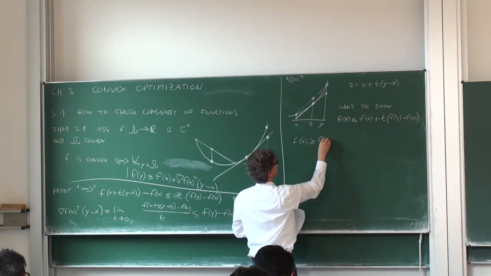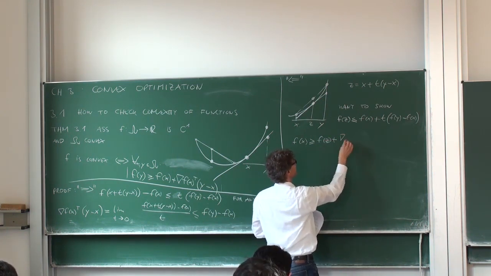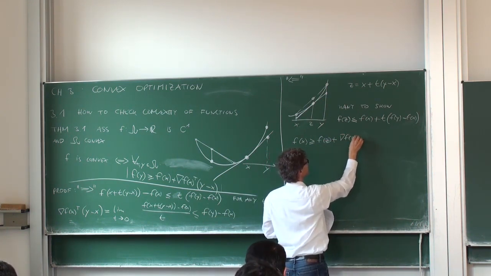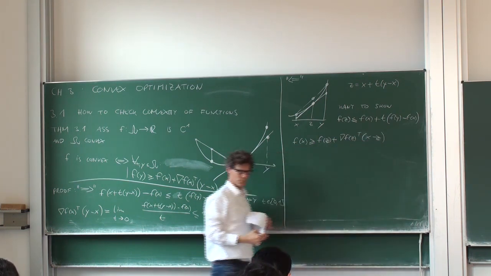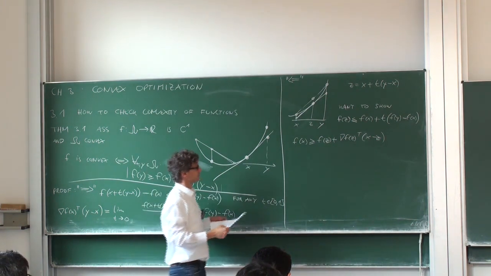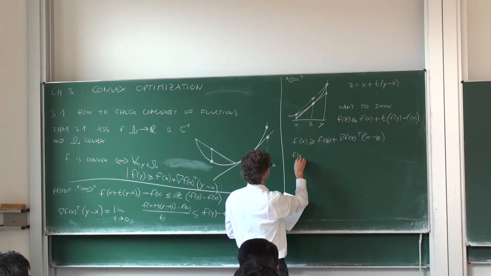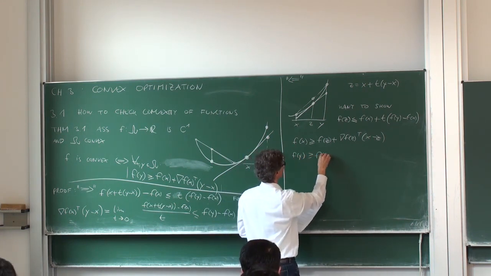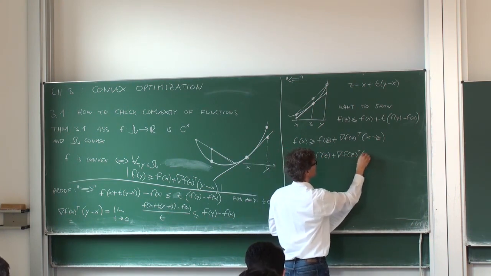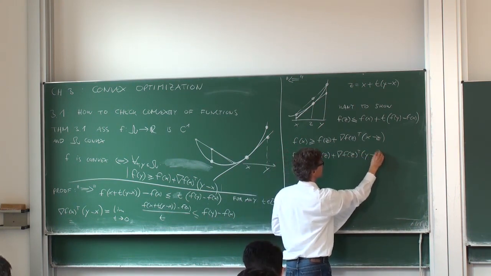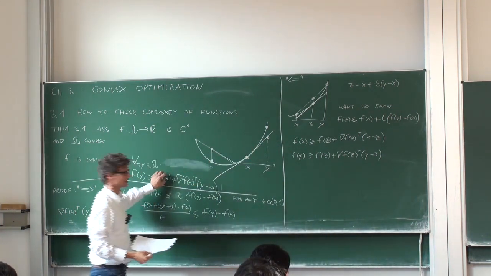So it is actually f of z plus the gradient at the point z, transpose times (x minus z). The other inequality is f of y is bigger than f of z plus nabla f of z transpose times (y minus z). So these two things are just a double application of this thing.